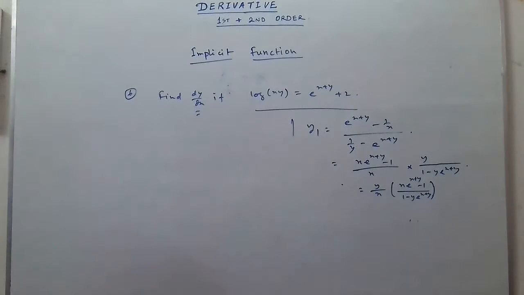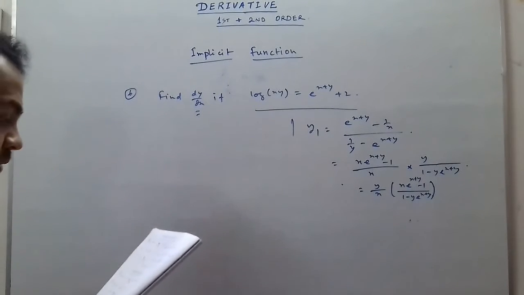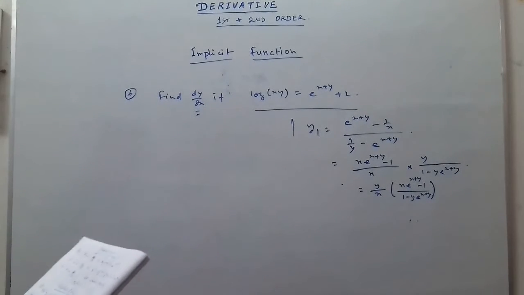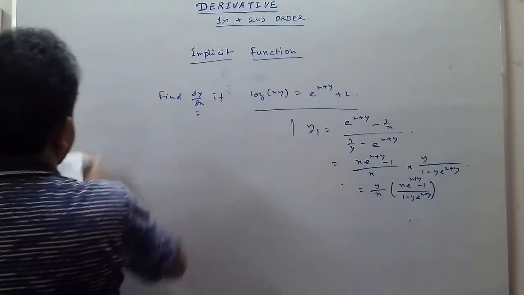Now we will solve another problem regarding implicit function. Let us say problem number 7.